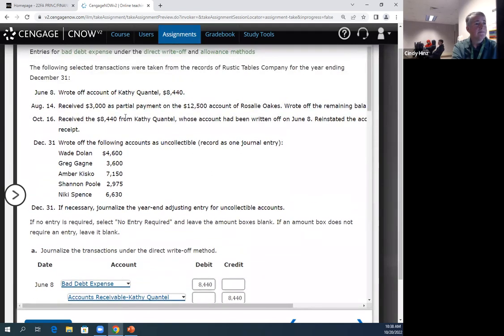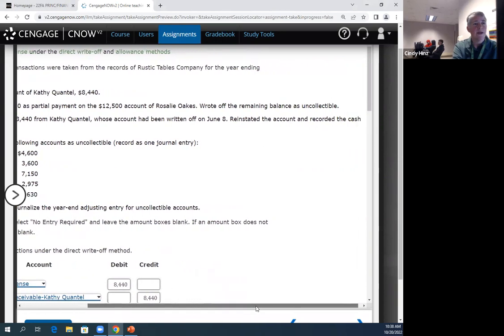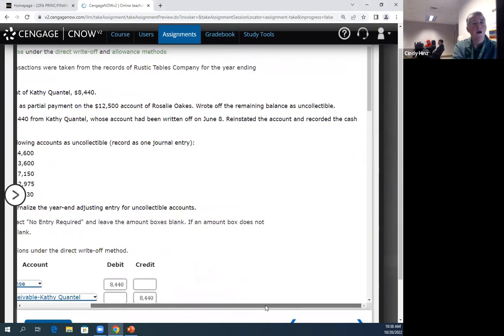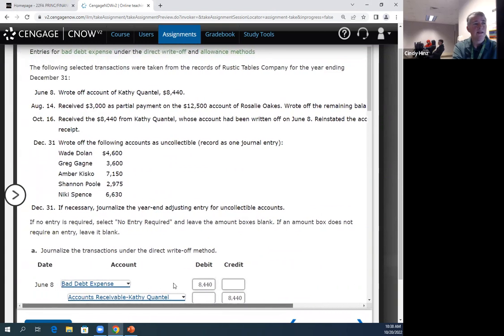What happened next? On August 14th, we received partial payment. We received $3,000 as partial payment on the $12,500 that Rosalie Oakes owed us. And then we wrote off the remaining balance as uncollectible.